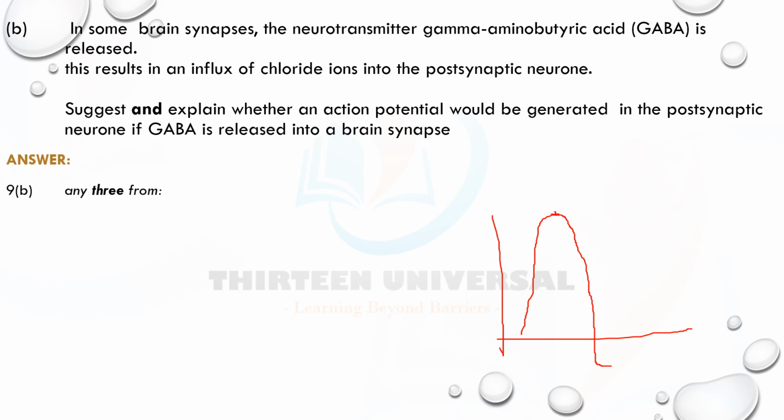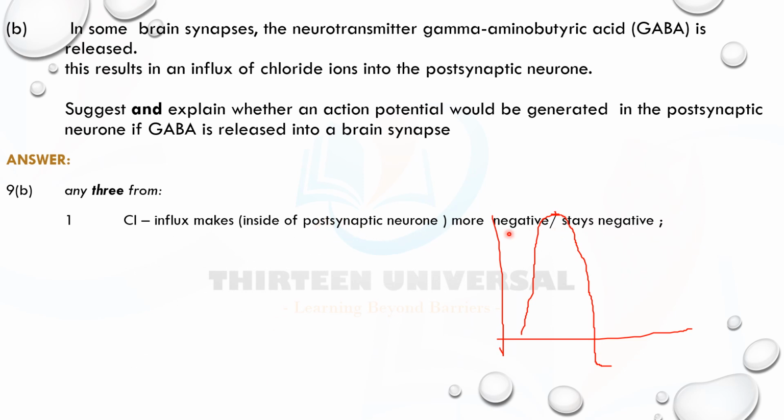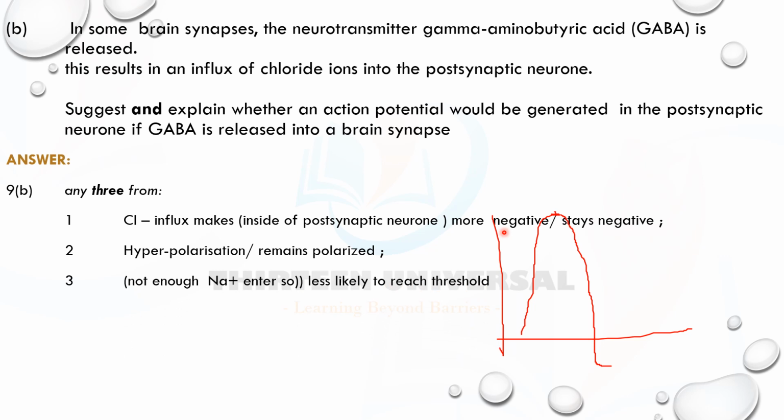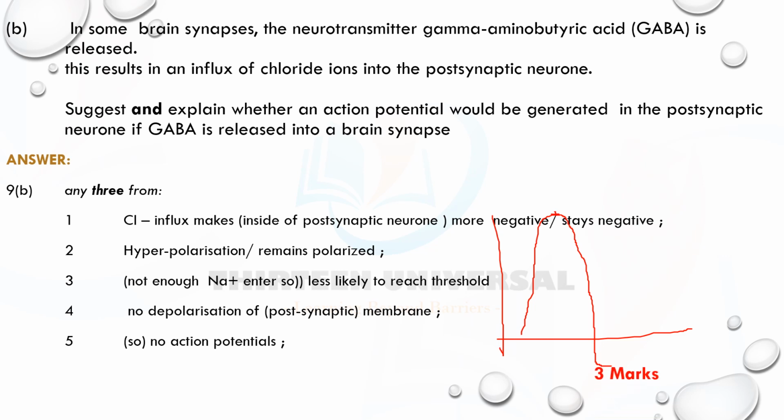Any three from the following: chloride influx, more negative, stays negative. So the postsynaptic membrane becomes negative, hyperpolarization, remains polarized, not enough sodium ions, so less likely to reach threshold. It doesn't reach threshold, so no depolarization of the postsynaptic membrane. No action potential. 3 marks.